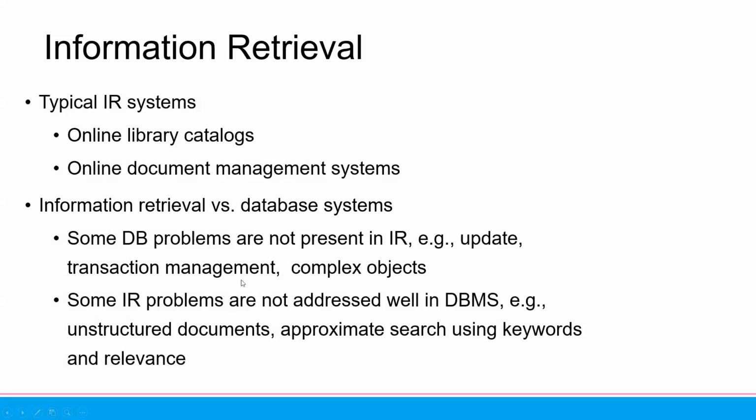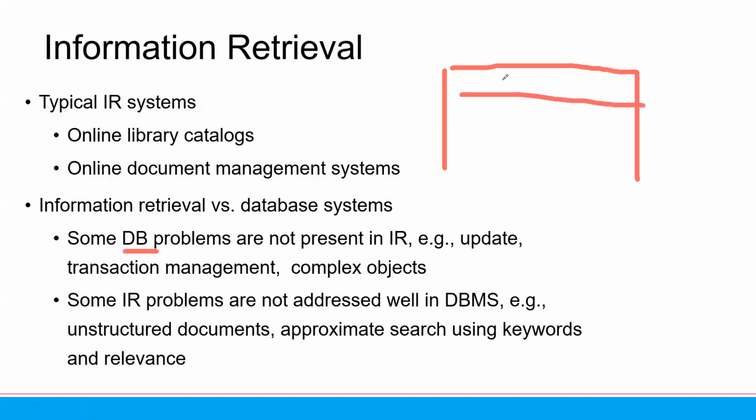And complex objects. In IR, it is usually only text, only documents. But in the database, you may have something like, for example, your student ID, then your student name, and then a photo or picture.